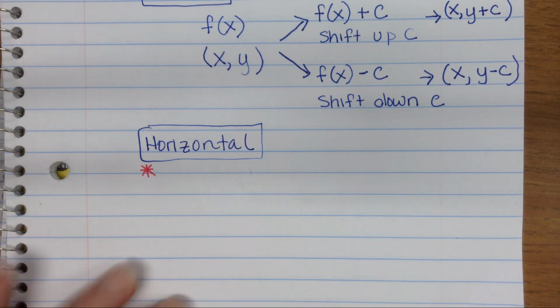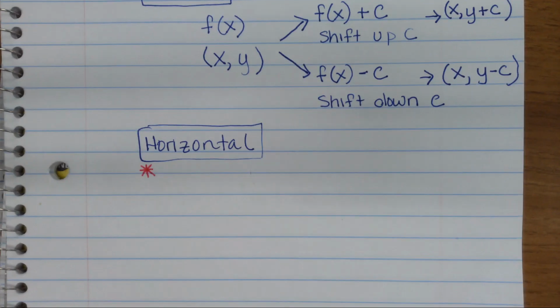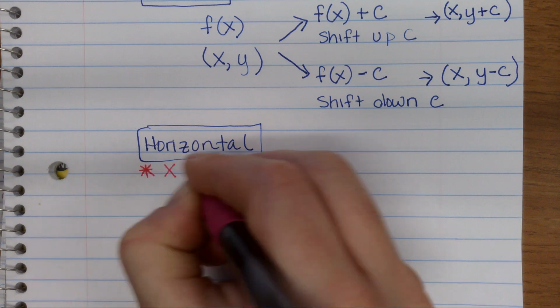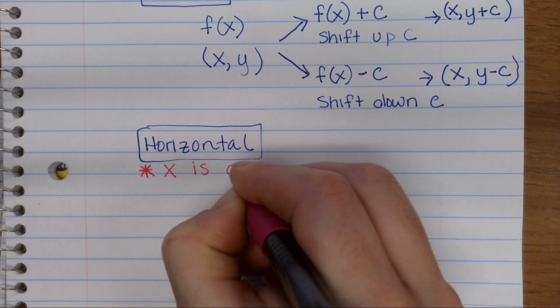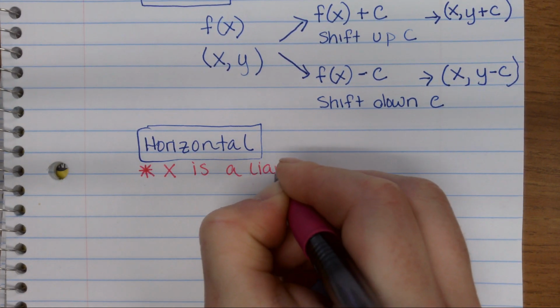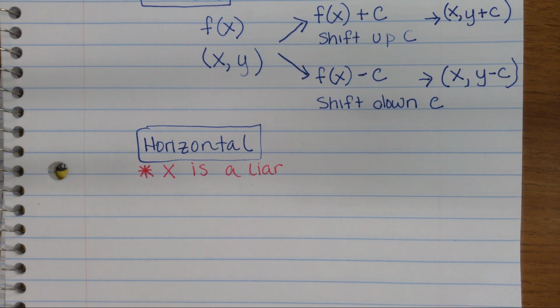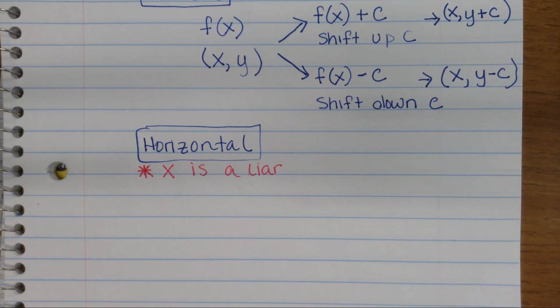Anything that's going to be horizontal with our transformations this week is going to be in this boat. And that is that x is a liar. When I do a translation inside with the x, if it's a plus, it actually moves it to the left. And if it's a minus, it actually moves it to the right. It's a liar. It's opposite of what you would think.